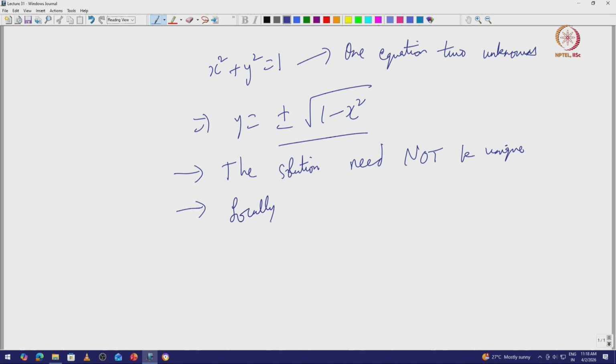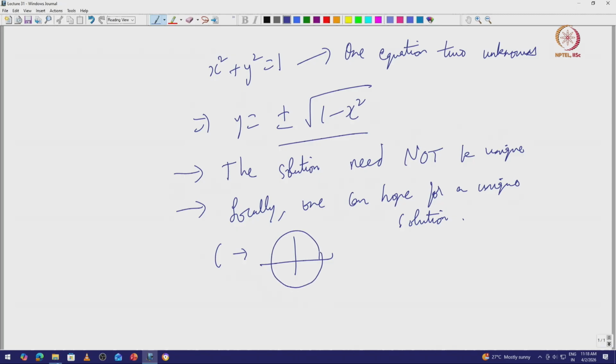Locally, one can hope for a unique solution, not always though. So for example, what is this? This is just the circle, right?